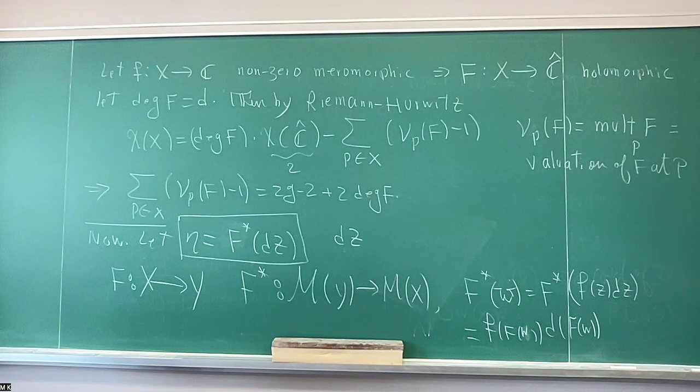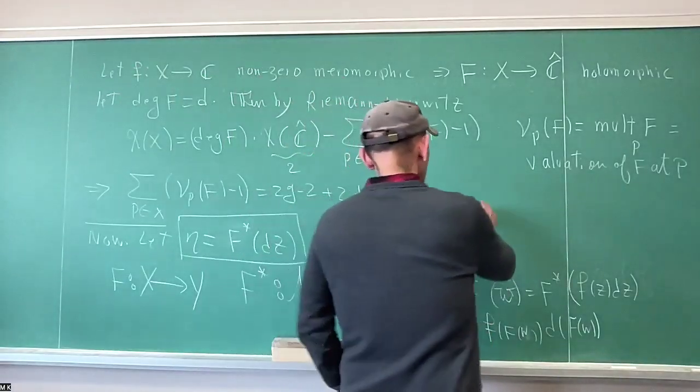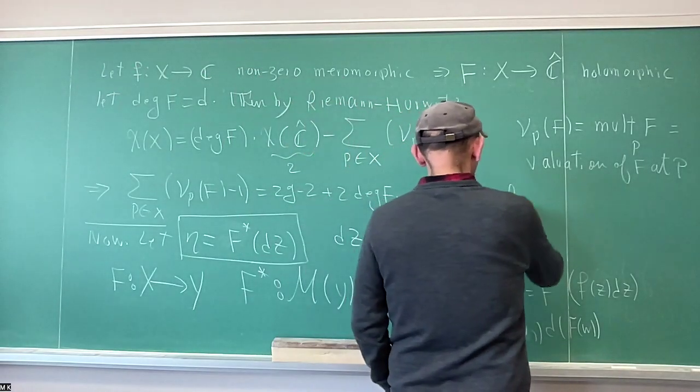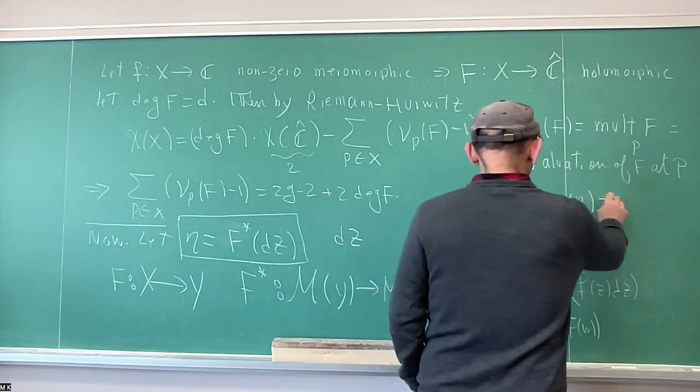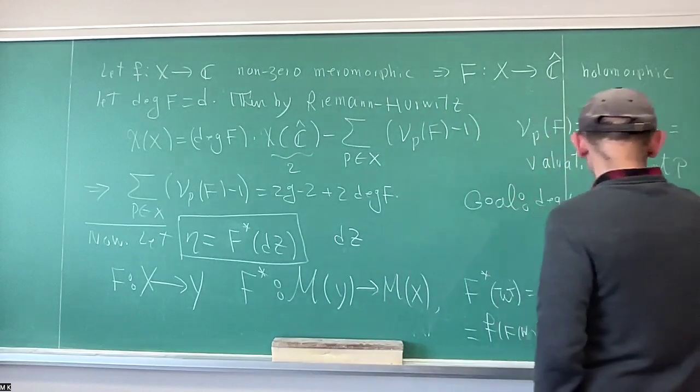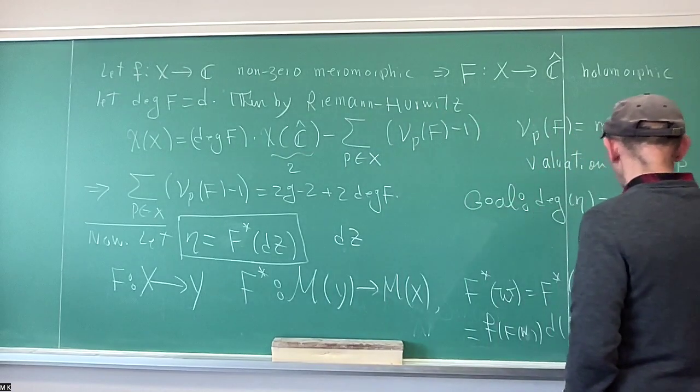This is the most important calculation of this hour. So the goal now, which is true actually, is that the degree of eta is equal to minus the Euler characteristic of this.